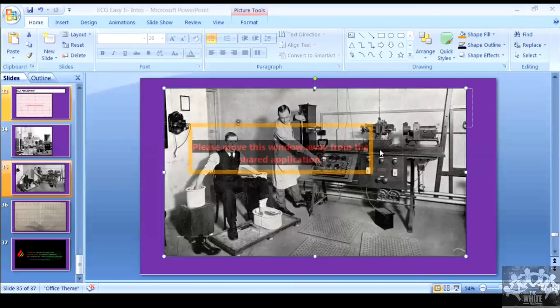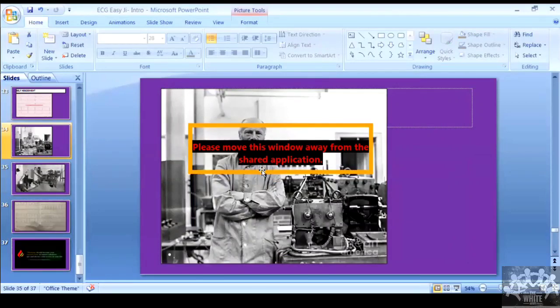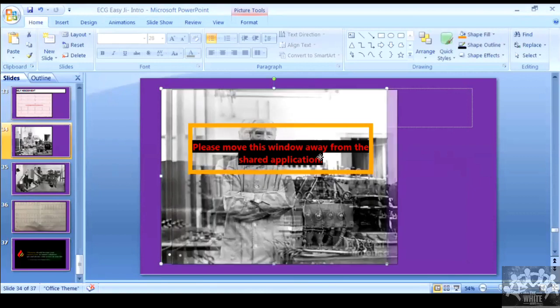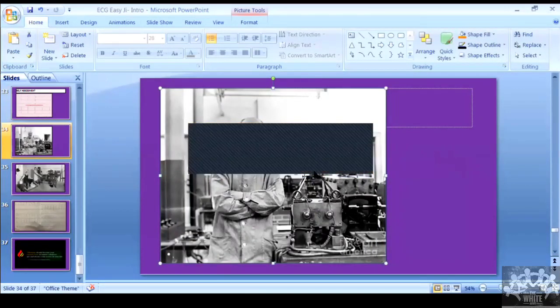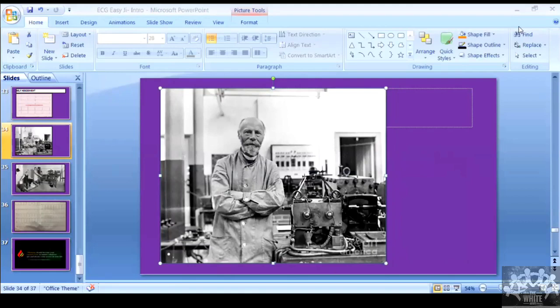Okay, correct. This is an ECG machine that was there, an early ECG machine. Yeah, correct. Everyone is correct. It is limb leads only, ECG machine.